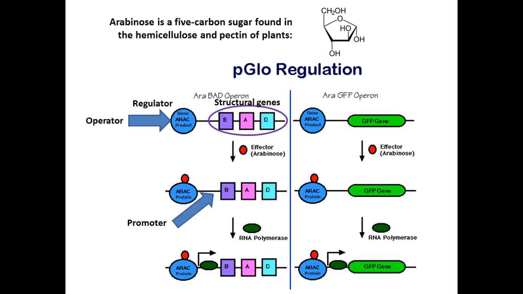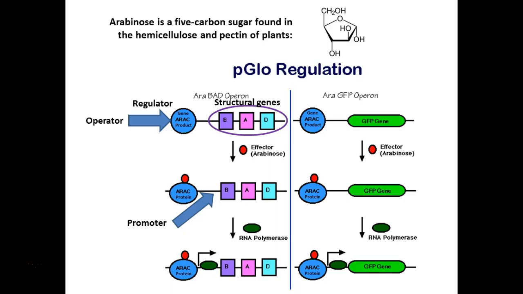So what's a good inducer? What would be a good signal that says, okay, lactose is here, let's eat lactose? Why not the sugar itself, right? Lactose, right? If lactose is here, lactose is going to signal the system, okay, make enzymes so it can be digested. The same is true for arabinose.